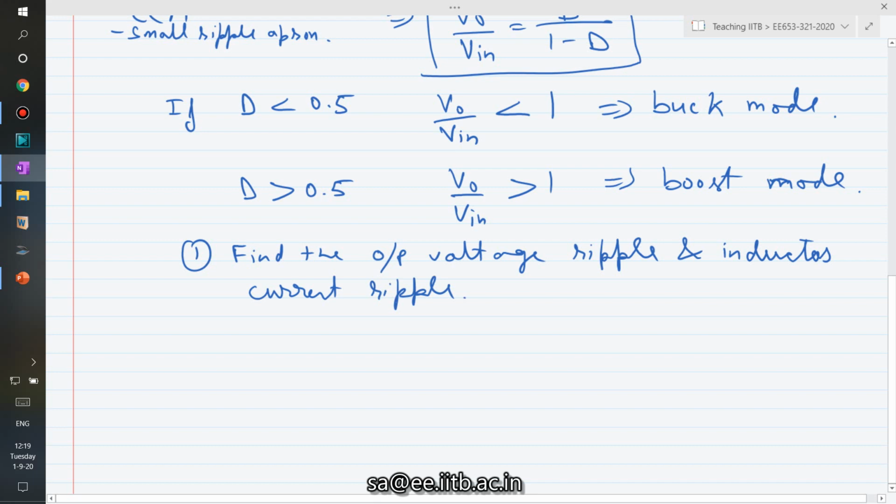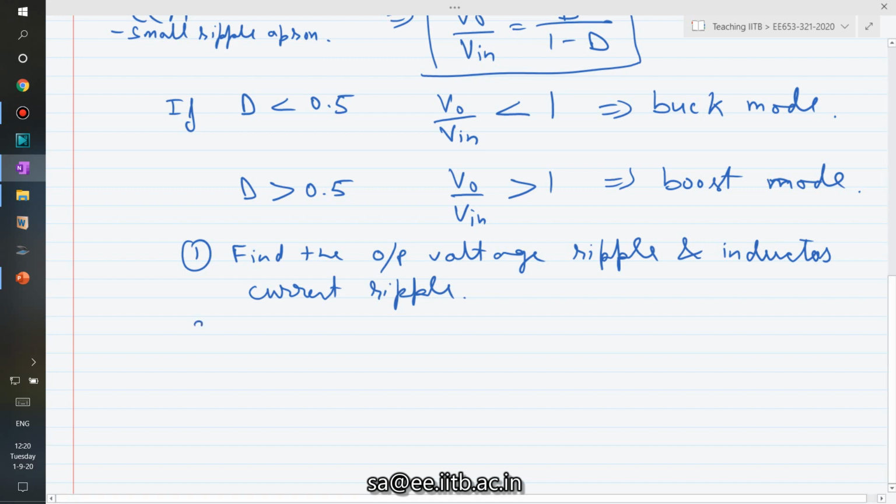You can find expressions for both of these things. You can follow the same approach as we have done for the other DC to DC converters till now. Just follow the same approach and you should be able to get an expression for the output voltage ripple as well as for the inductor current ripple. This I want you to do on your own.